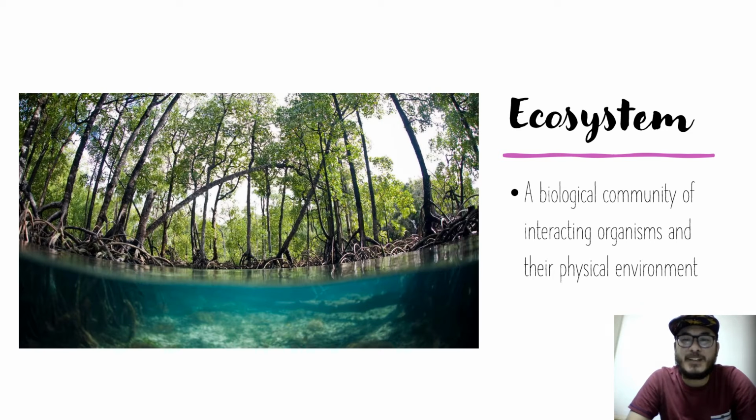Ecosystem, a biological community of interacting organisms in their physical environment. The example is this photo where there is a fish living in the water, interacting with the trees or plants here. For example, the plants shown here are mangrove plants.